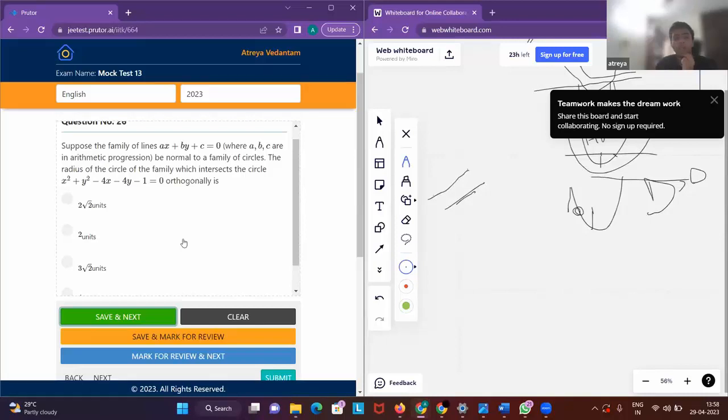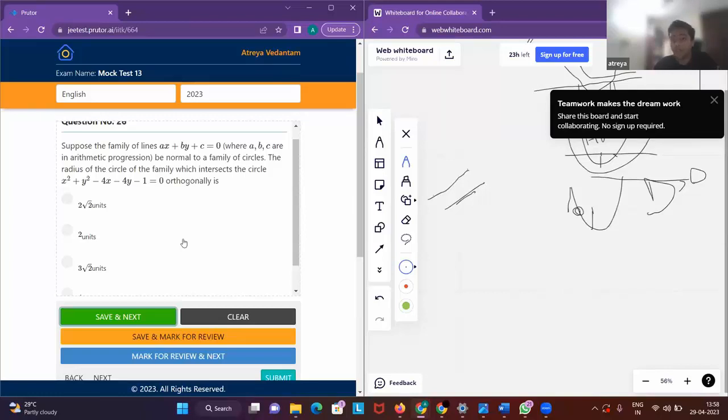So A, B, and C are in arithmetic progression, right? So one thing you can say is 2B is equal to A plus C, which means A minus 2B plus C is 0, which means this family always passes through (1, -2). It's a fixed point through which this family passes, which means (1, -2) is also the center of the family of circles, as we just discussed, right? Which means we now know that the radius of the given circle is 3, and the center of the given circle is (2, 2).